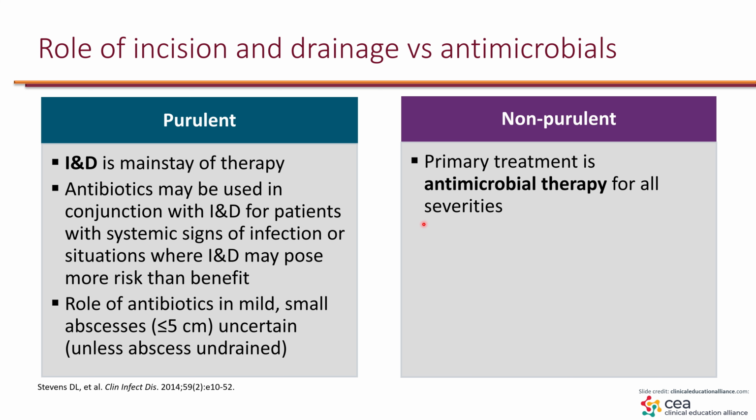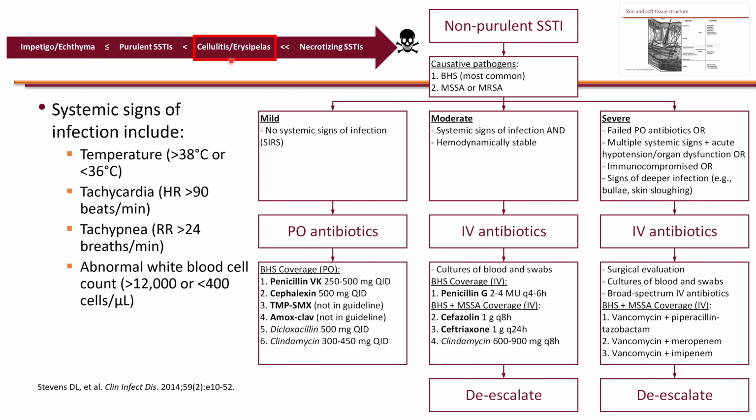Now, before we move on to non-purulent skin and soft tissue infection, I want to emphasize the role of incision and drainage, or incision and debridement. So essentially, in purulent infection, incision and drainage or debridement is the mainstay of therapy. Whereas for non-purulent, because there is no pus, for the most part it's really antibiotic therapy, the cornerstone of treatment.